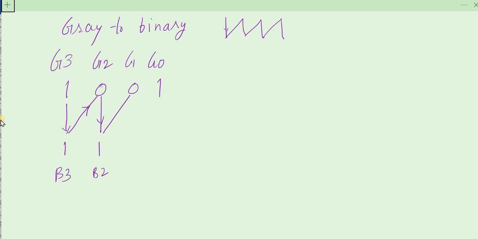Again, this is added to this to find out the answer. So 1 plus 0 is again 1 here. And this 1 plus 1 is 0. So this becomes B0. So the answer is 1110 for the input of gray code 1001.